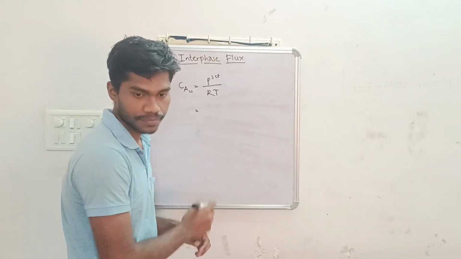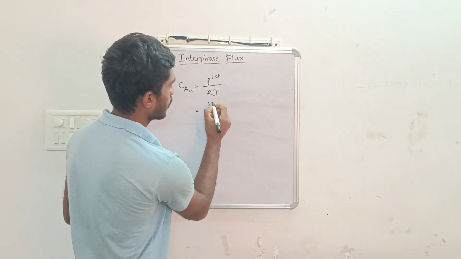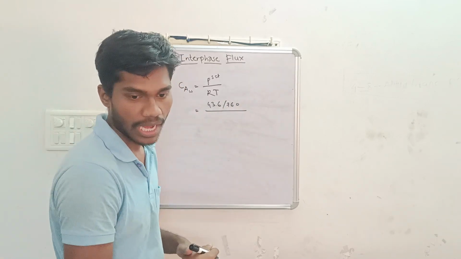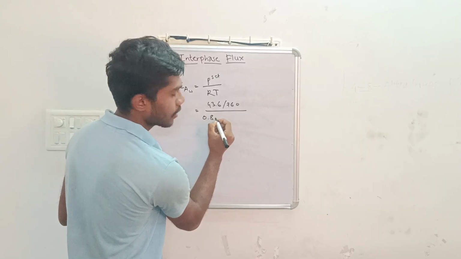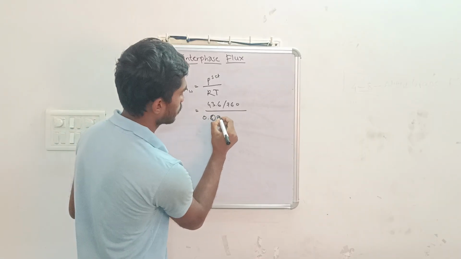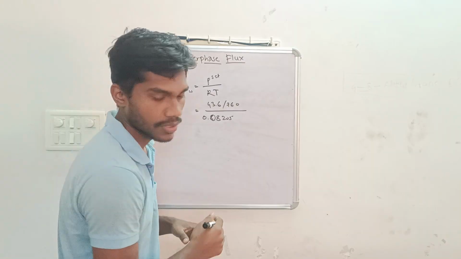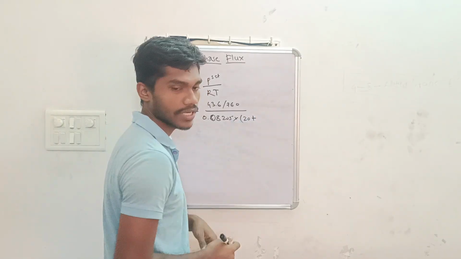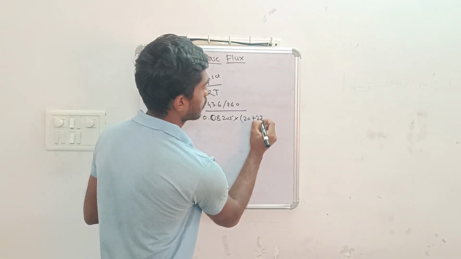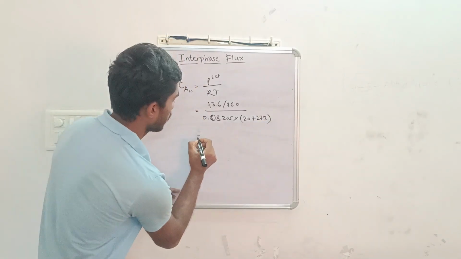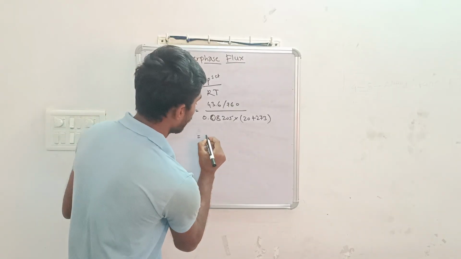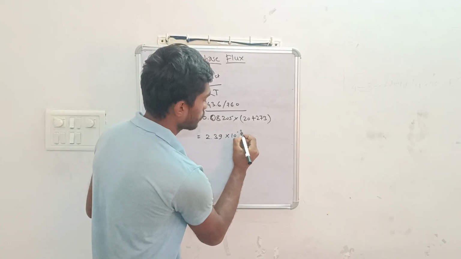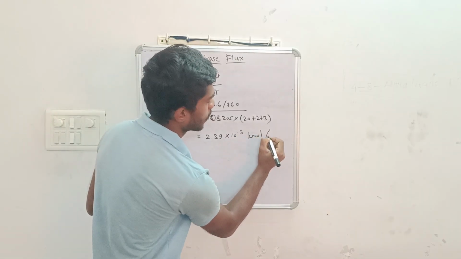So that is equal to 43.6 by 760 divided by R, which is 0.08205, into T, that is 20 degrees Celsius, but we have to convert it into Kelvin. So we will add 273 here, and it will be equal to 2.39 into 10 power minus 3 kilomole per meter cube.